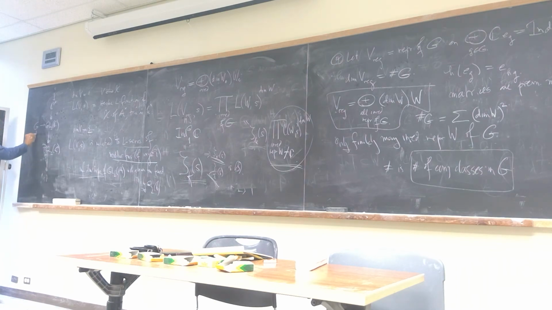And so you can take the image of G in PGL2 of C, let's call that G bar. And that's a finite subgroup of PGL2 of C.